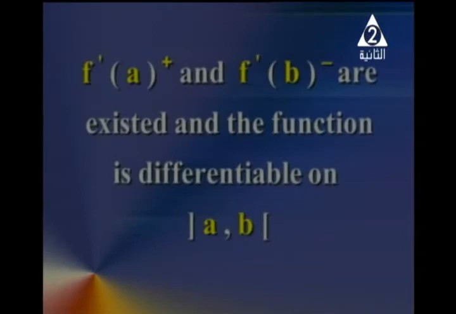Dear student, f of x is differentiable on the closed interval ab if f dash a positive and f dash b negative exist and the function is differentiable on open interval ab.